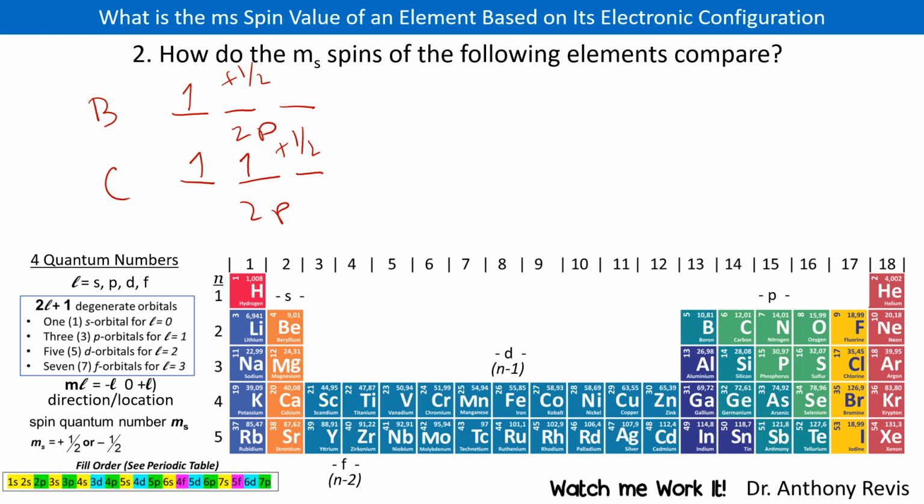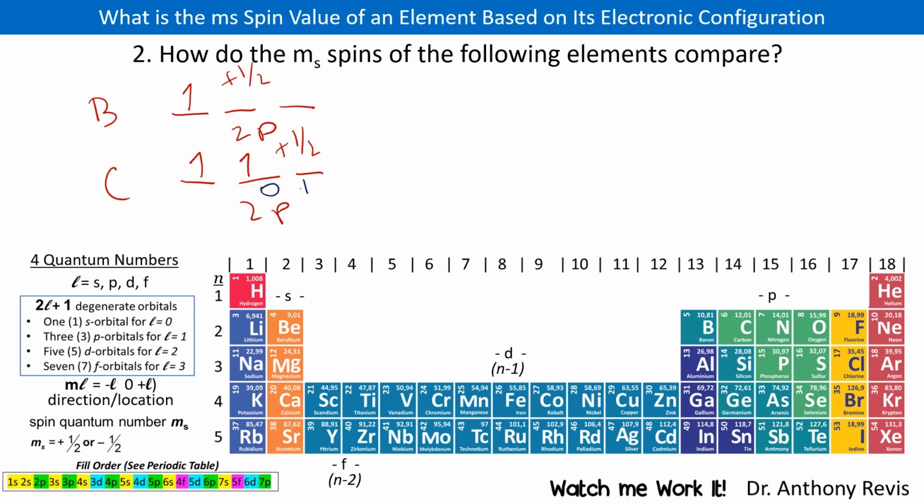The difference is, however, in its location, its ML location. ML, as we know, is plus or minus. The L value gives direction, magnetic direction, or location. And so to label it, we always start at the center point. I'm going to just write it right here.